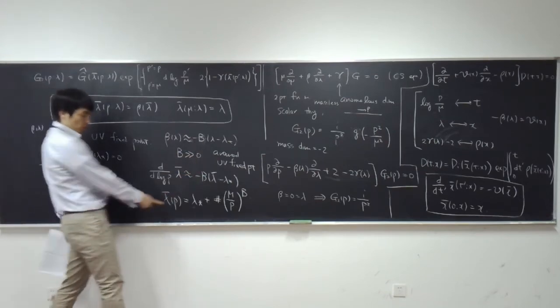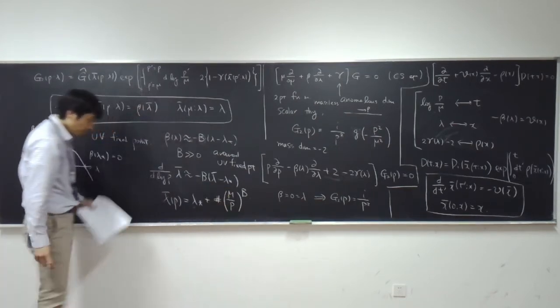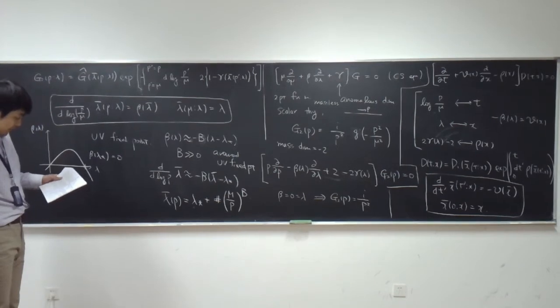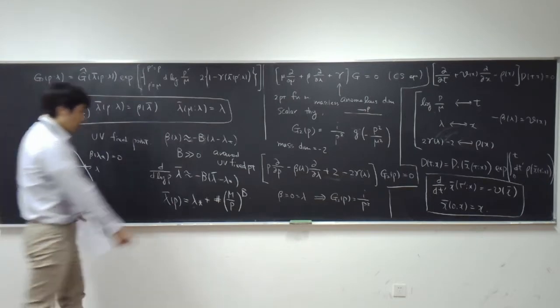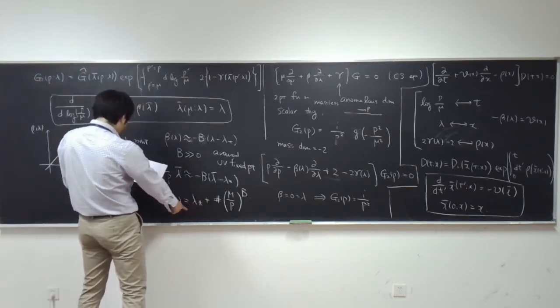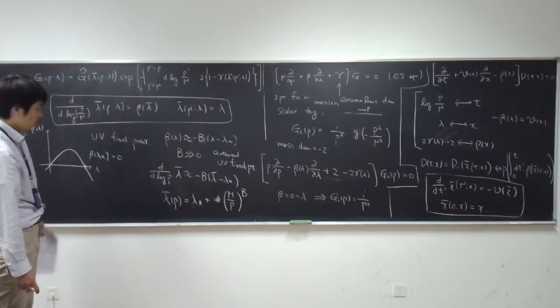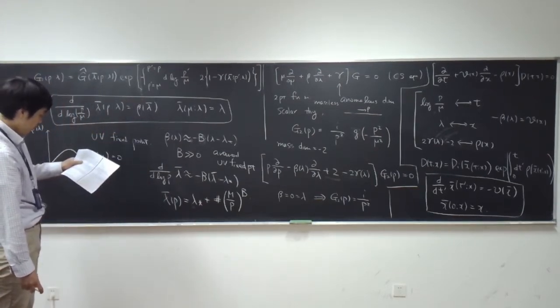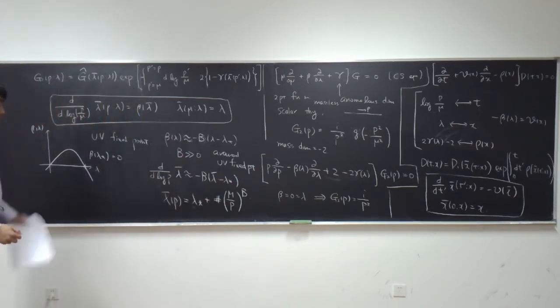And when p is equal to mu, this is equal to 1. So lambda star plus constant. When p equals mu, we just impose that lambda bar is lambda star plus a constant. That's what we want to impose.